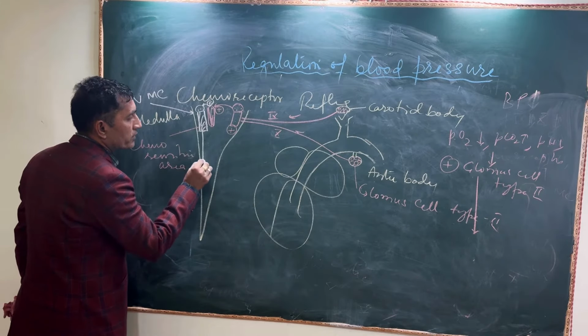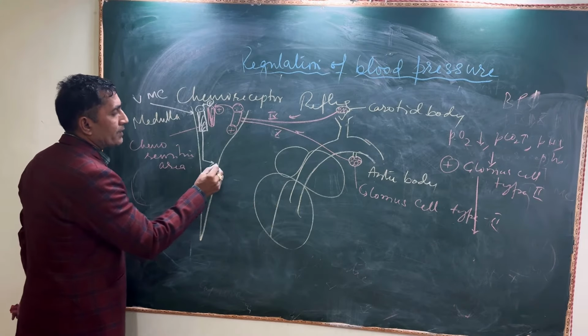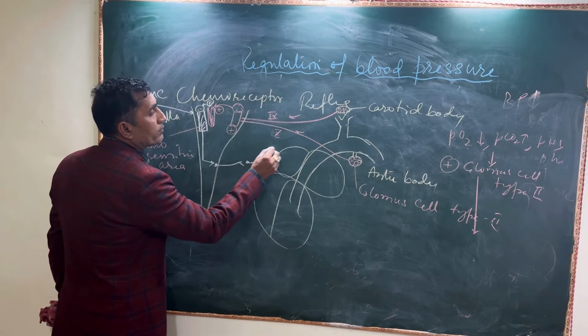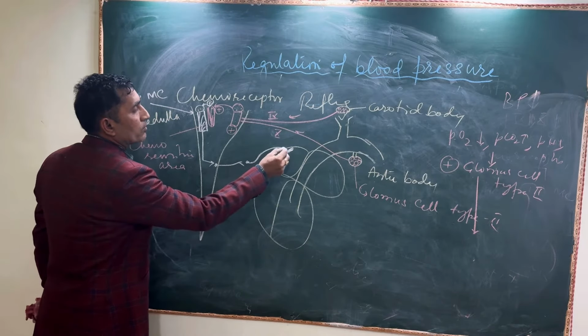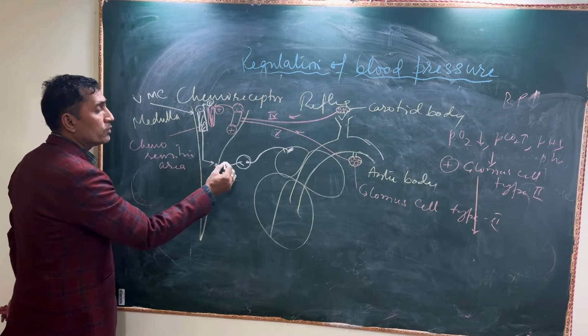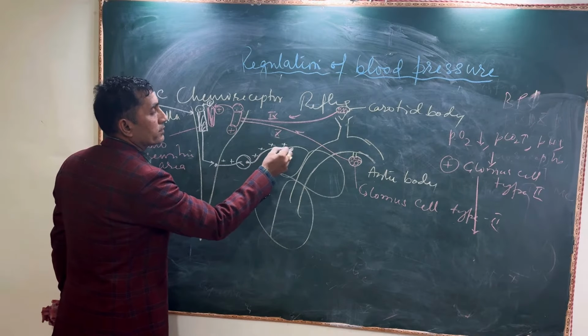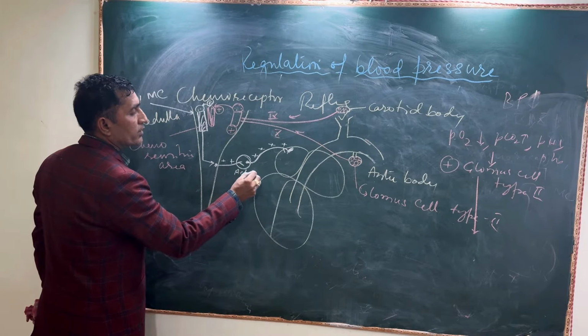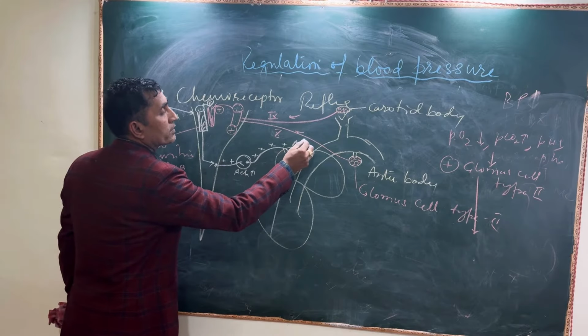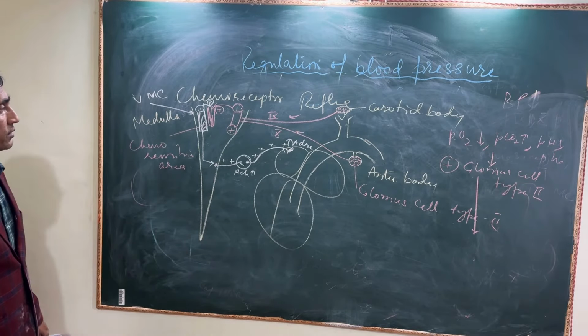It will stimulate the lateral horn, and we have the sympathetic ganglion. This is the preganglionic neuron, so here it will be stimulated. There will be more secretion of acetylcholine, and here the concentration of adrenaline or norepinephrine will be increased.